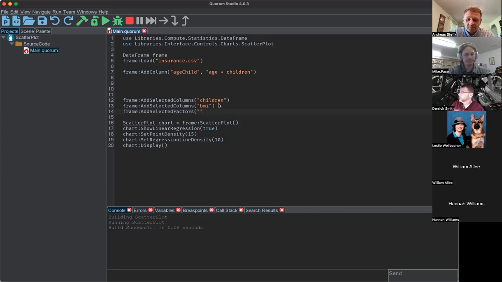And we're going to put in one of these categorical variables, specifically region, that has multiple pieces in it. And to say what this has, I'm going to put it in Slack. We've got a column children, we've got a column BMI, and we've got a factor region. We'll talk about what that is in a second, but let's run it first and just see what it does.